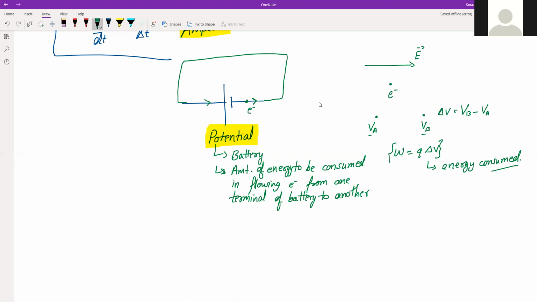So this is called the positive and negative terminal. This is the positive terminal, this is the negative terminal of the battery.